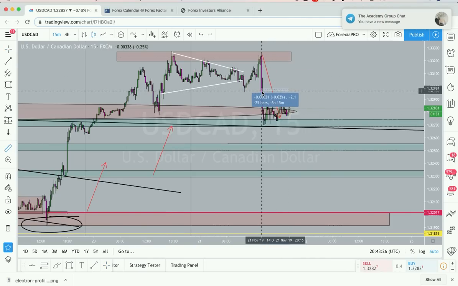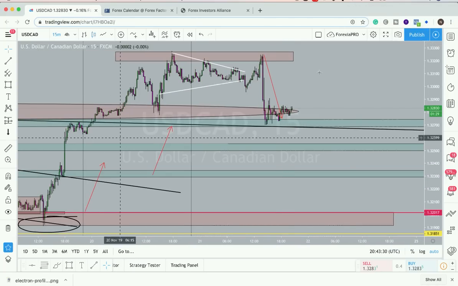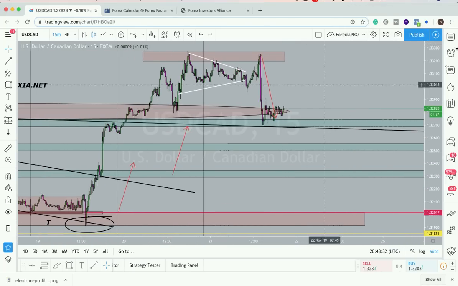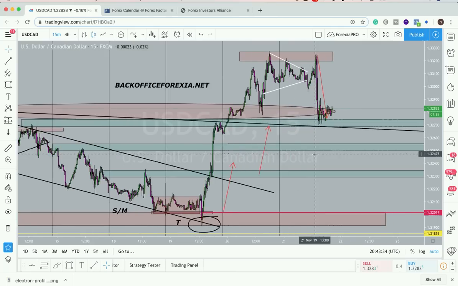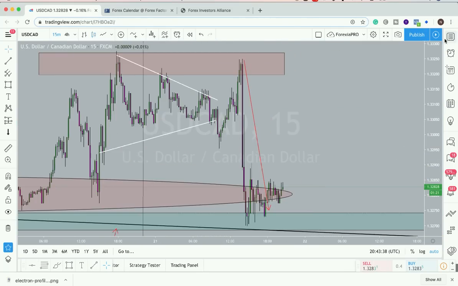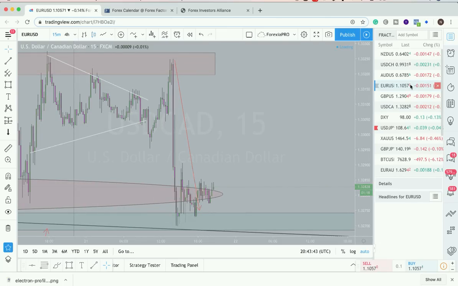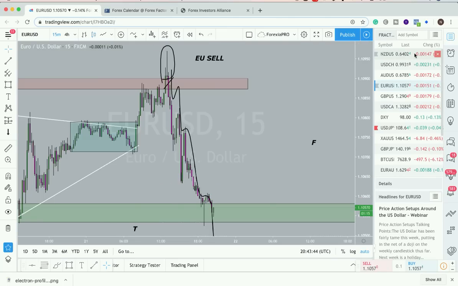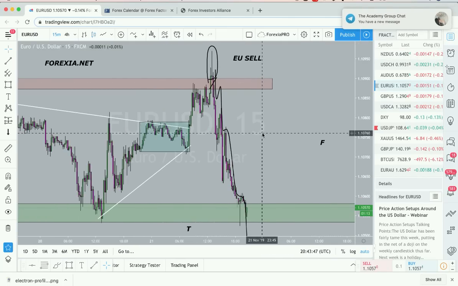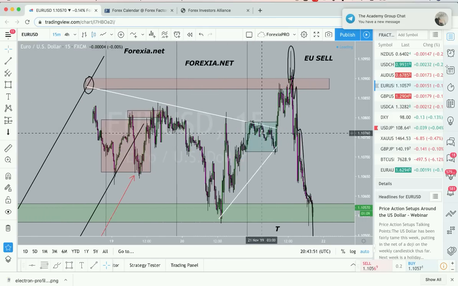Fast forward about 6 hours. Here we have the aftermath. USD CAD wasn't actually the main pair that we analyzed. We analyzed, what was it, Euro USD and NZD USD. We called a sell on EU right in the beginning of the session.